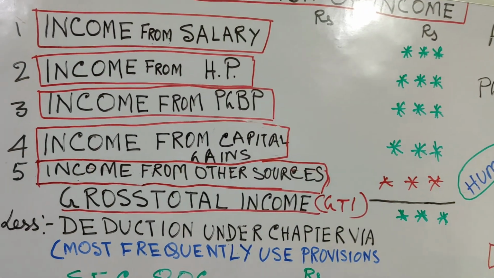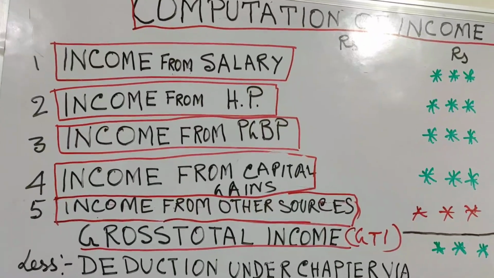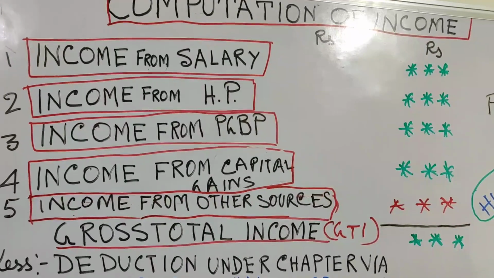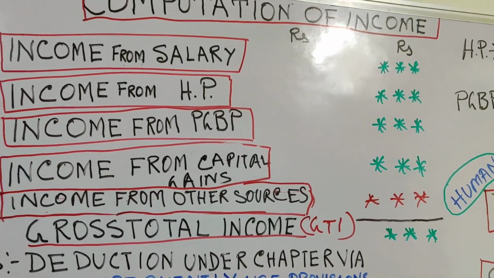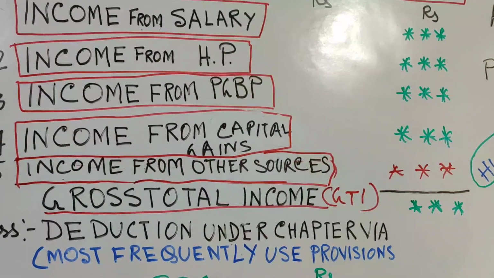So once you read all these sections, then you will be able to compute the income under the head income from salary, house property, PGBP, income from capital gains, income from other sources, to arrive at the gross total income. After gross total income, you have to do the chapter 6A deduction.